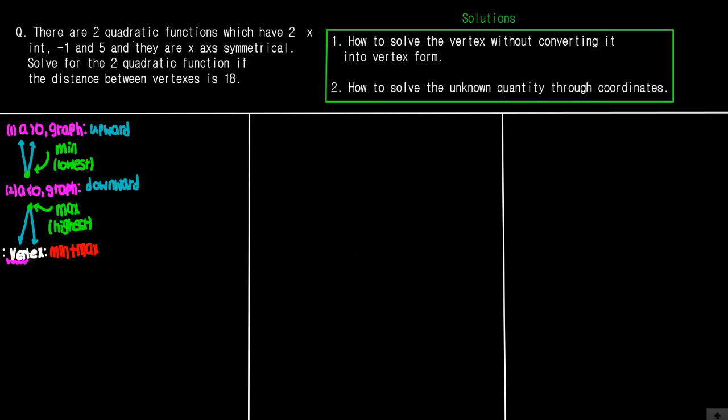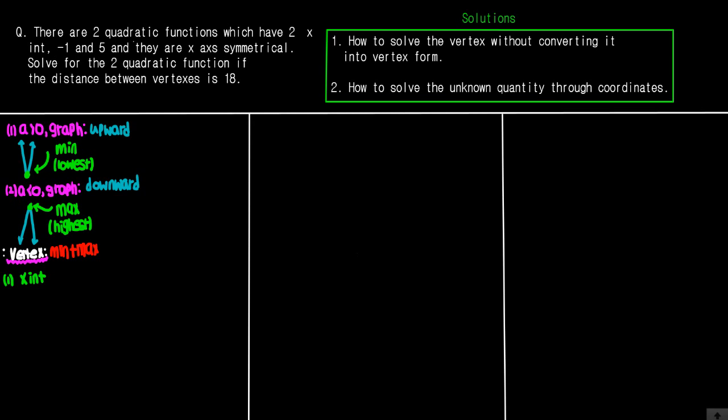This is what our vertex definition is. And now let's think about what the x-intercepts are. And after this, we're going to talk about what the y-intercept is.